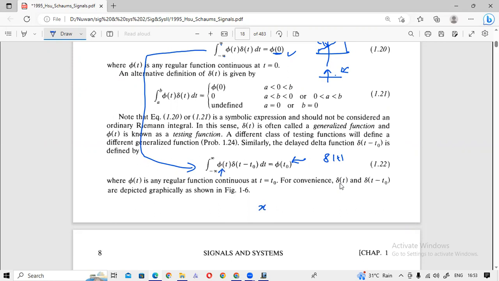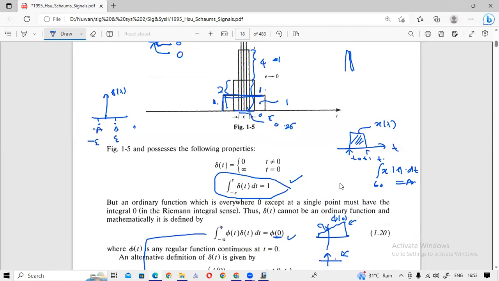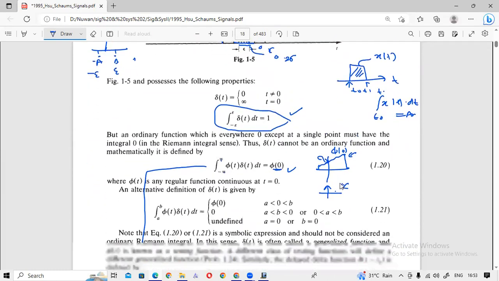So xt naught is equal to the integral from minus infinity to plus infinity of xt delta t minus t naught. So xt also can be represented as a collection of continuous shifted delta t functions, like this. But if you can't completely understand this, it will be okay.